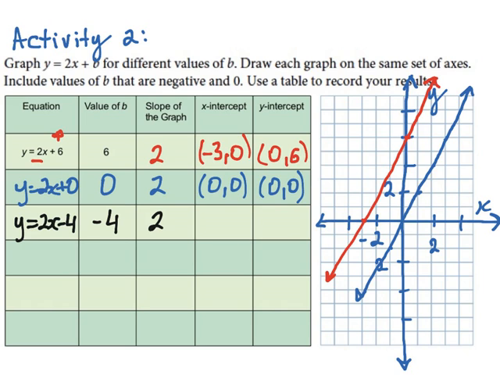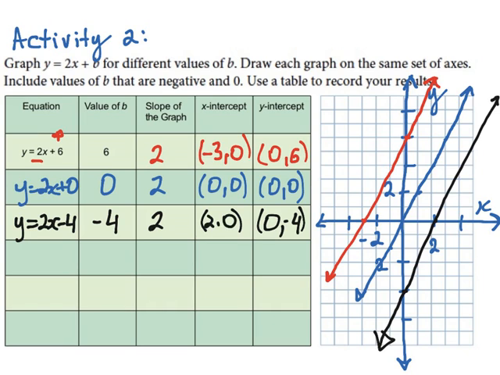But of course, don't forget that our y-intercept is going to be at (0, -4). And here is our graph. Notice all the lines are parallel because they have the same slope. And the x-intercept, in this case, occurs at (2, 0).